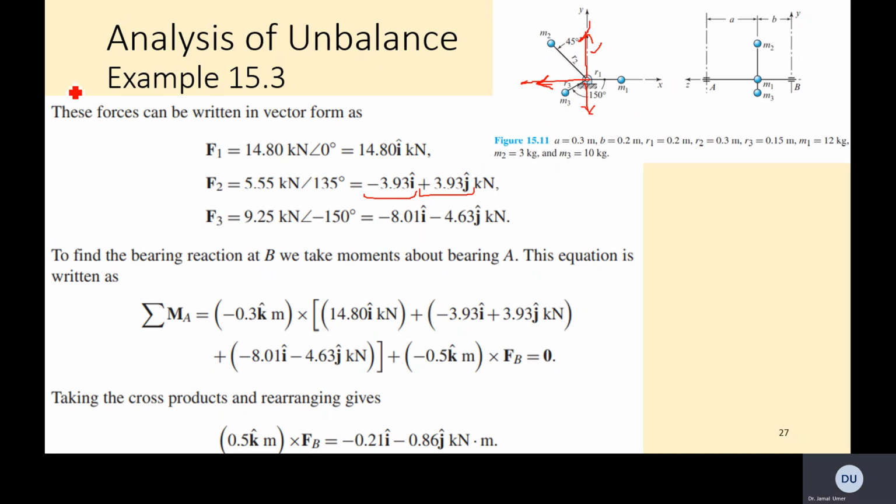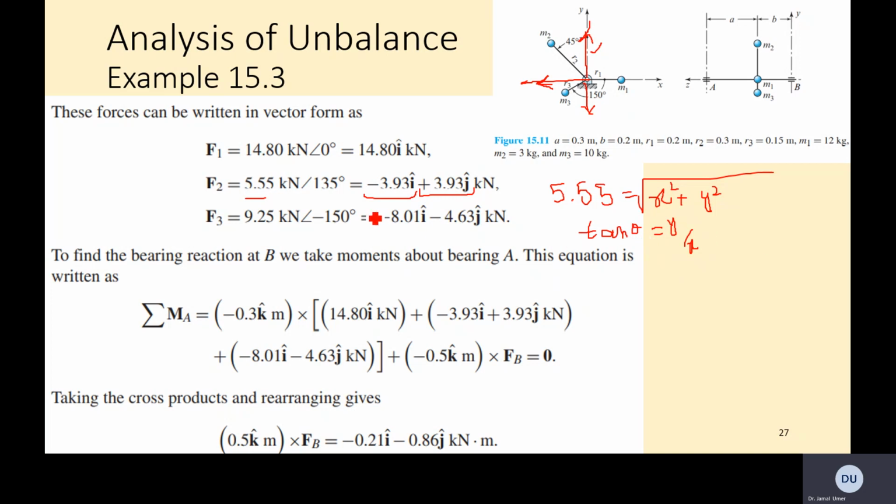So once again, when you want to convert with the standard equations, which I told you about, for example in this case 5.55 is equal to the square root of x squared plus y squared. And the other one is tan theta equals y over x. You solve these two equations, and theta is given.